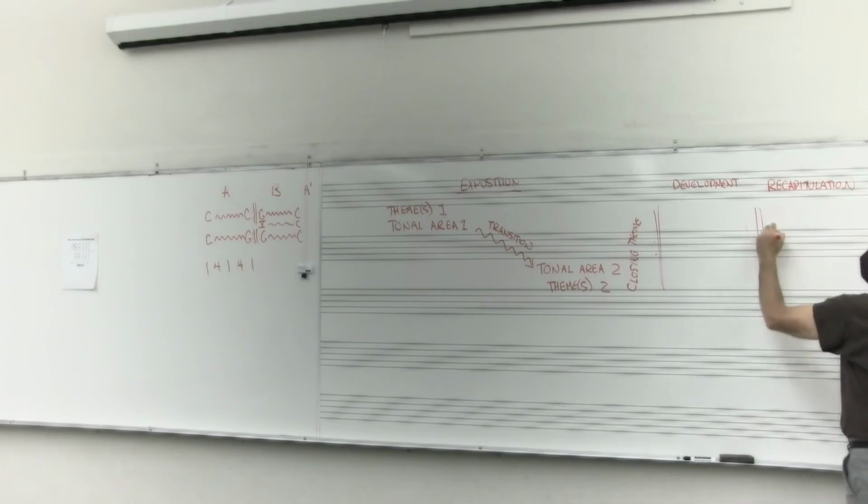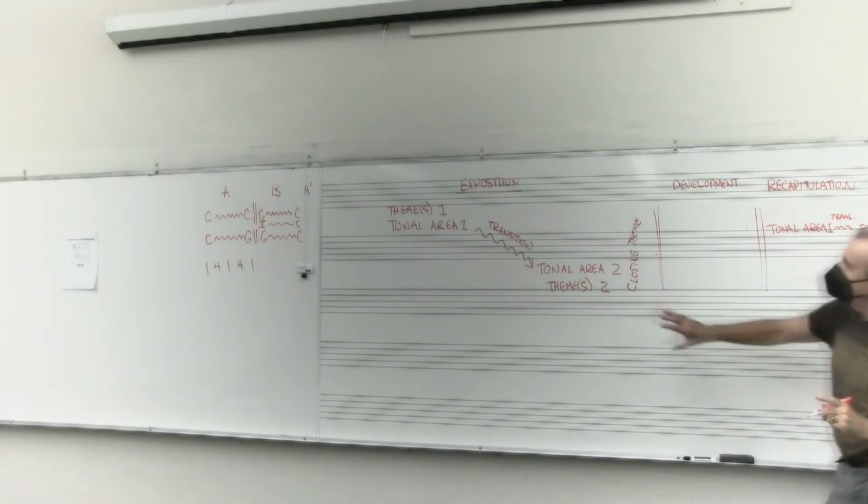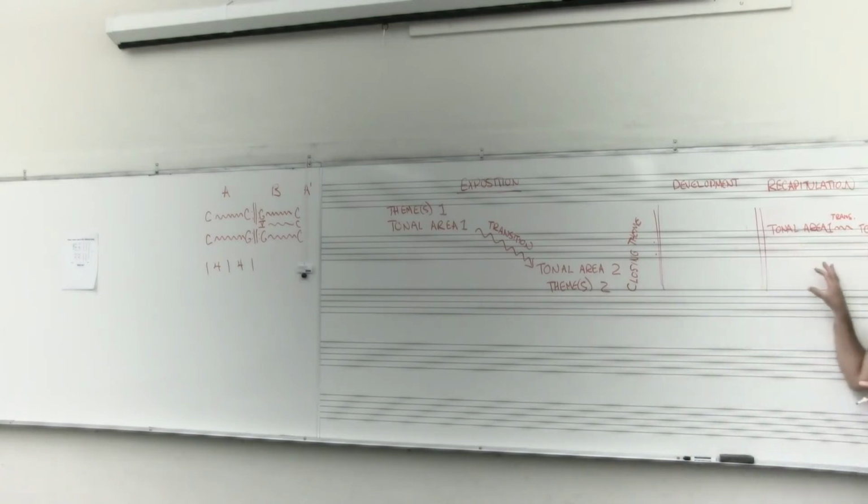we have tonal area 1 again. And then a transition that is not a modulation to a different tonal area, but to the same tonal area, but we have now theme 2 in that, right?